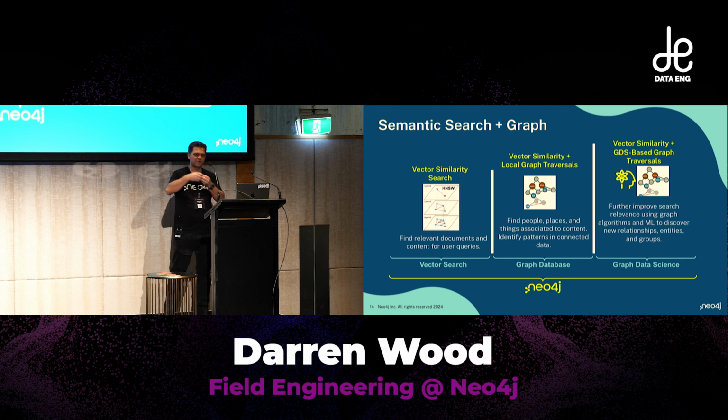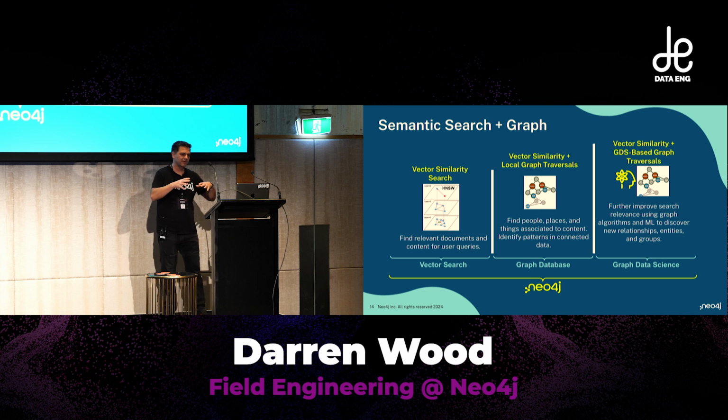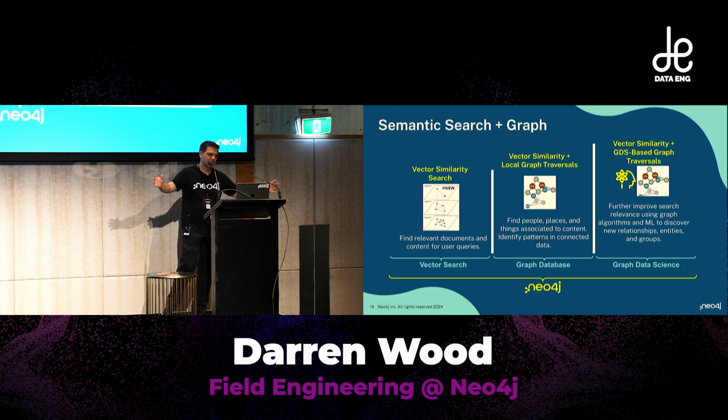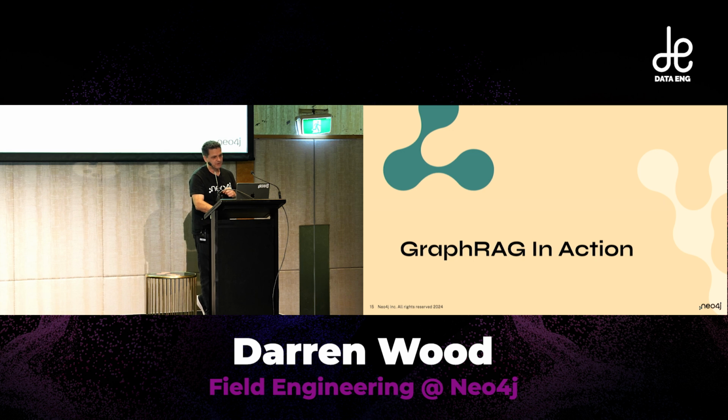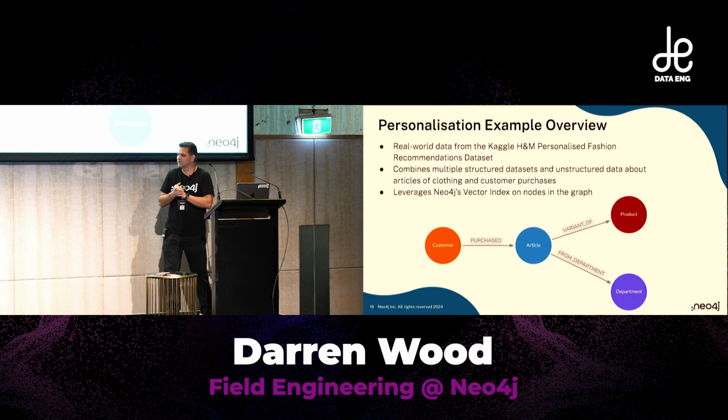And then, of course, we have a graph data science piece of the product as well, where we can look at a live data set, project it into memory in real time, and then run data science algorithms across the top of it, and then generate new features and new connections from those algorithms directly on that live data. And so I think rather than just talk about it, I'll show you some real examples.